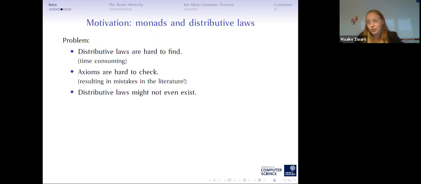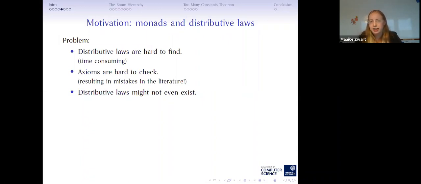And the worst news of all, which is good news for me because it's my entire thesis, is that distributive laws might not exist. So looking for a distributive law is hard.